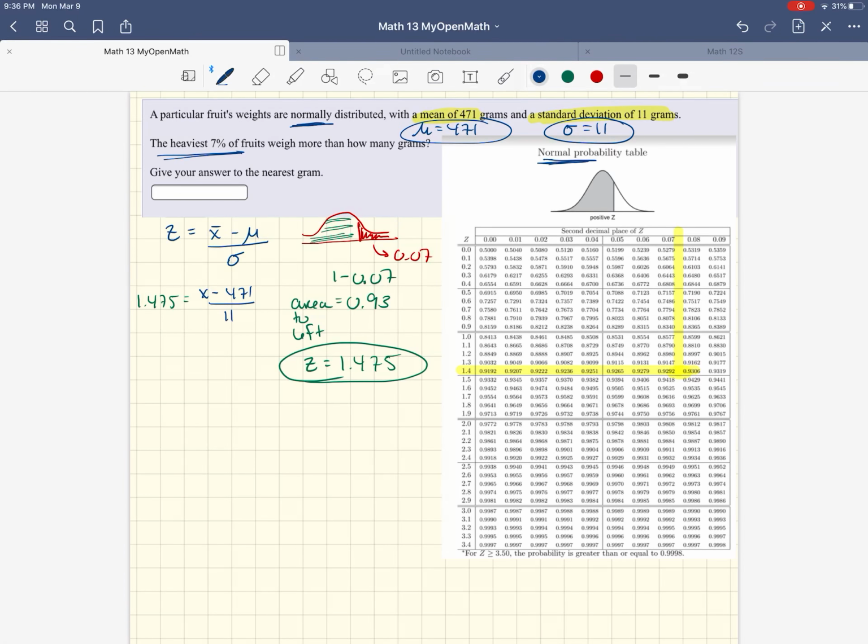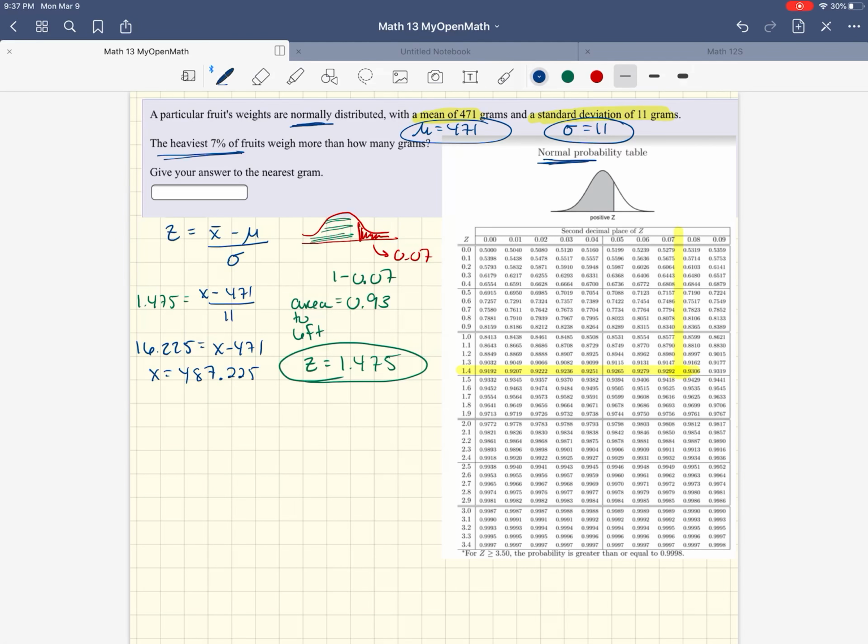Okay, multiply both sides by 11, and we get 16.225 equals x minus 471, and then adding 471 to both sides, we get x equals 487.225.